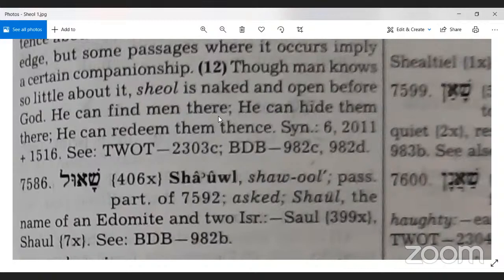If there was a need for him to hide you, he would place you in Sheol, whether you're good or evil.